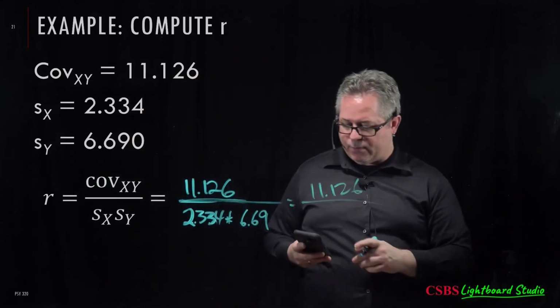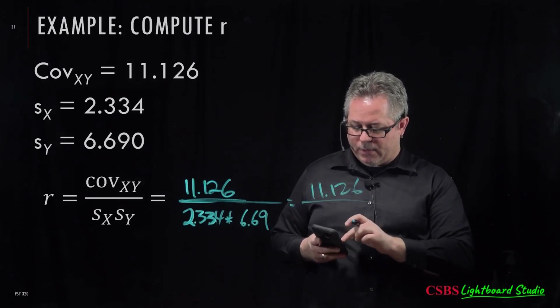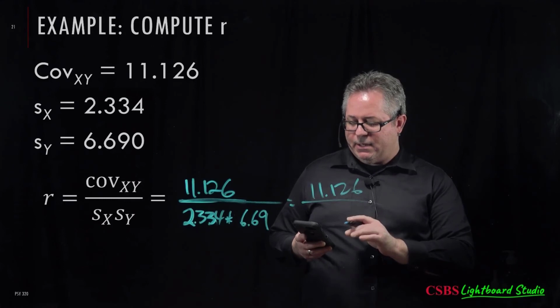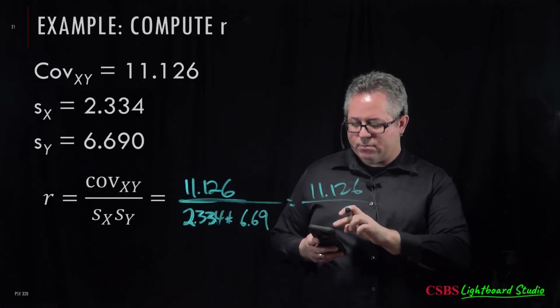What's the product there? 2.334 times 6.69 equals 15.615.